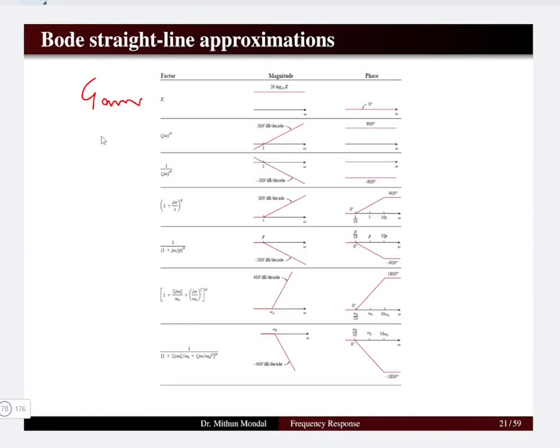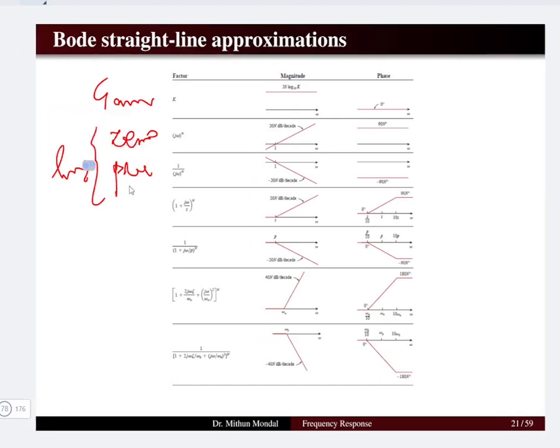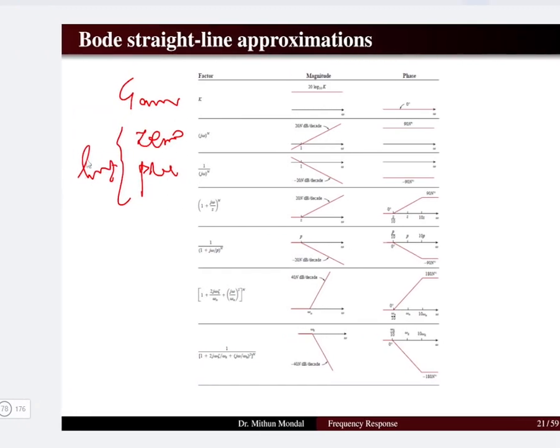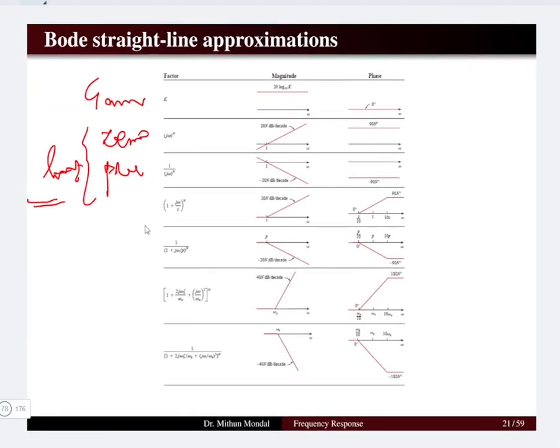Here we have the simple zero and simple pole, and we see how it is behaving. We can have the quadratic pole, and the zeros and pole at the origin.